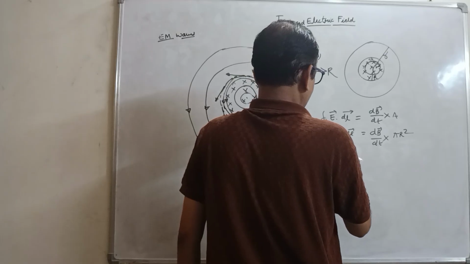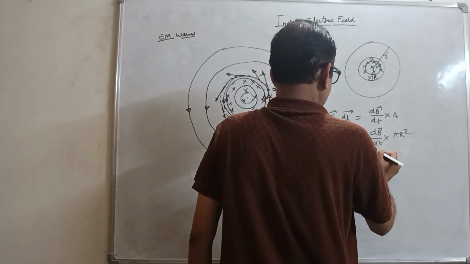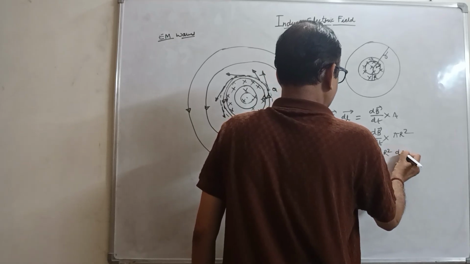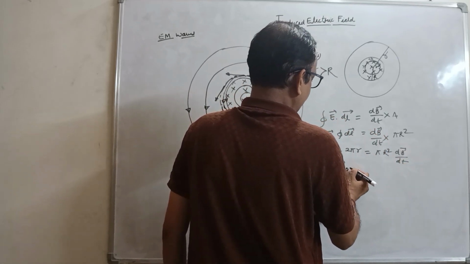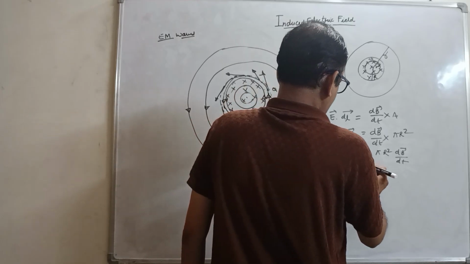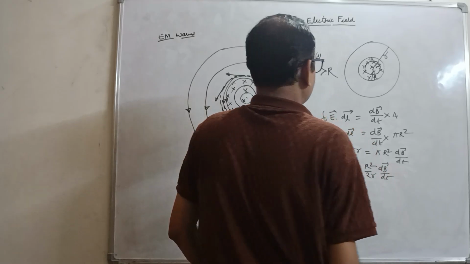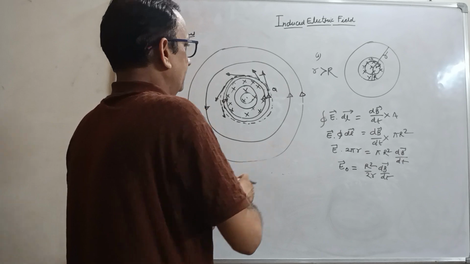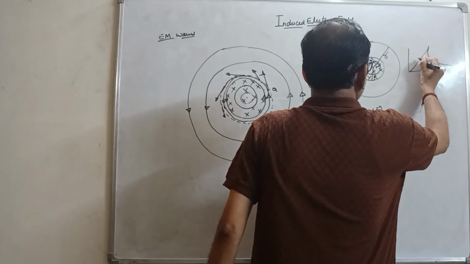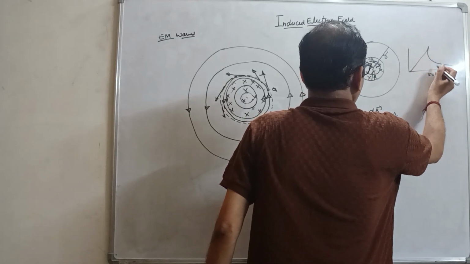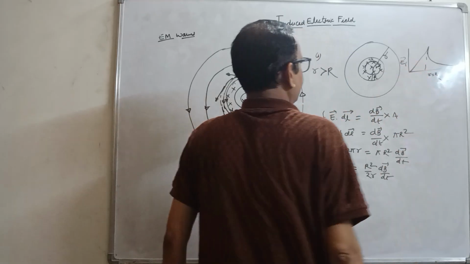This becomes E times 2πr equals πR square dB by dt, and the induced electric field outside becomes R square by 2r dB by dt. This is outside, so the graph is just like this. It is proportional to r up to r equals R, this is a line, and this is the induced electric field versus r.